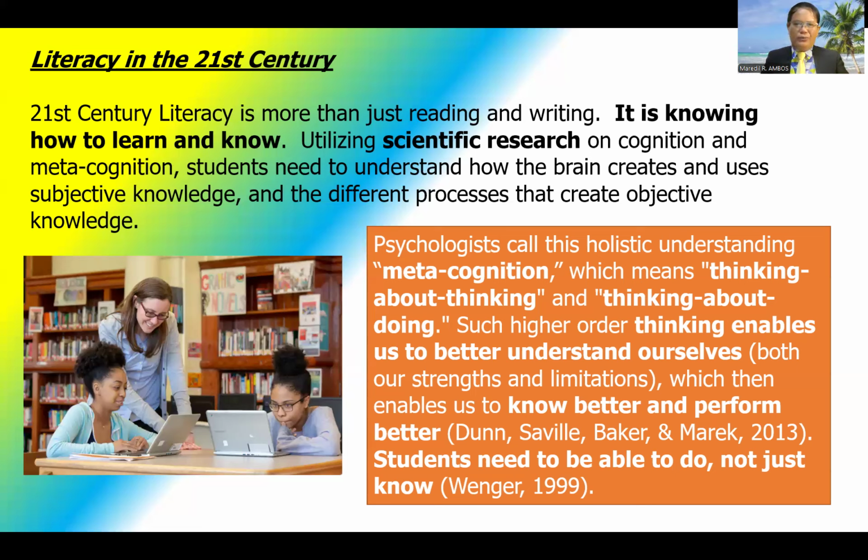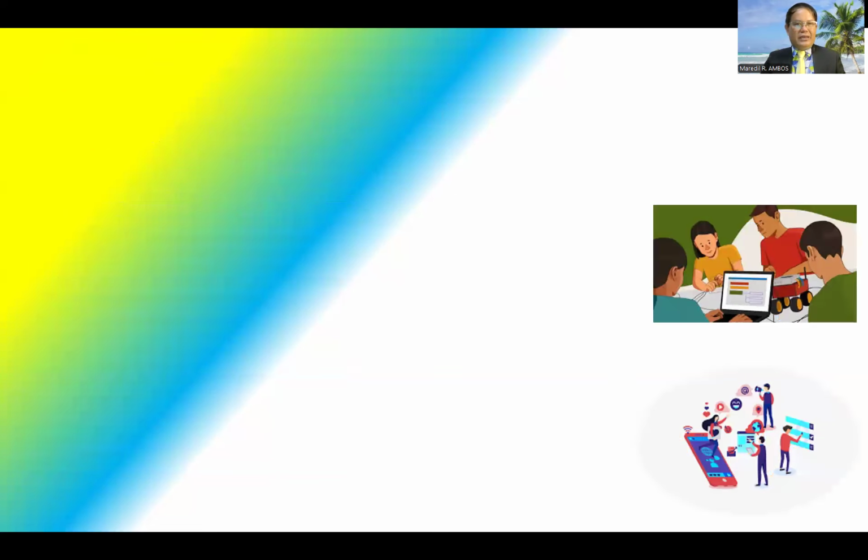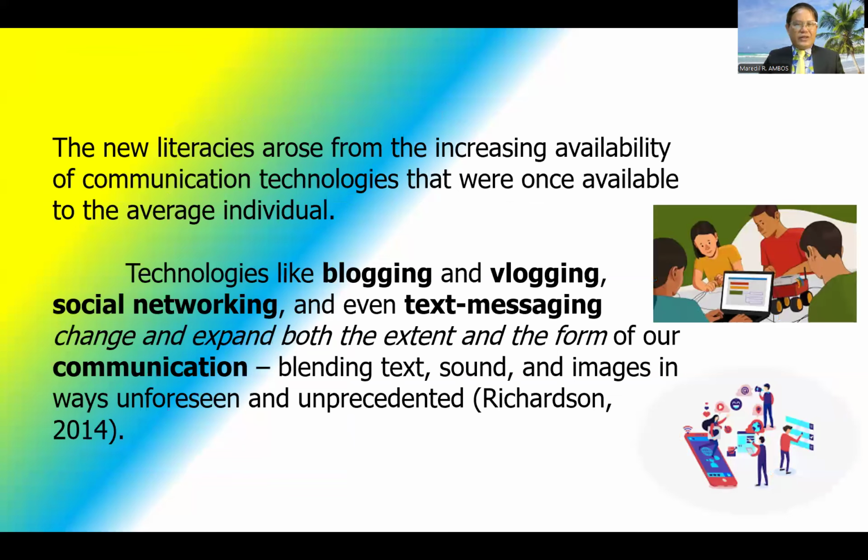The more you know, the more you should perform better. And students need to be able to do, not just to know. So there is now the application of what we have learned. So that's very nice. Okay, and there are the new literacies across from the increasing availability of communication technologies that were once available to the average individual or ordinary person.